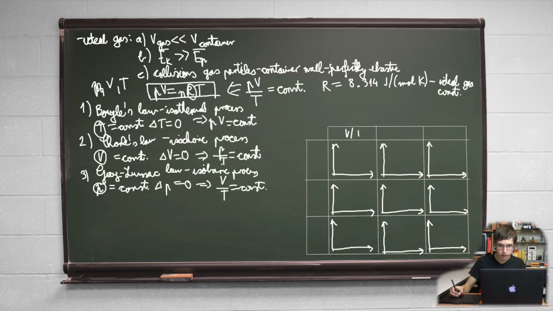So let's have these 3 columns, VT graph, PV graph, and PT graph, and mark the axes.